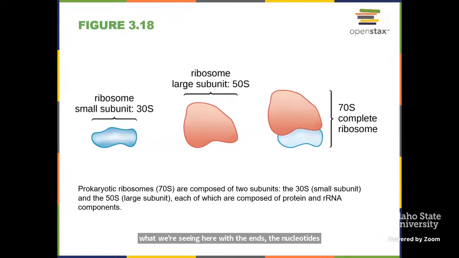So the speckles in that first image that we started with, the little ribosomes that are all over in the cytoplasm, are open and available to basically start building proteins as soon as we start making that message from the DNA.